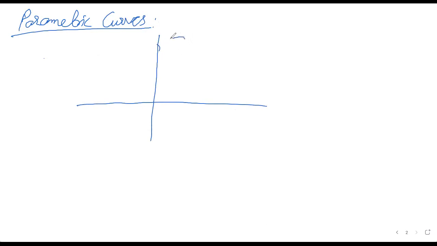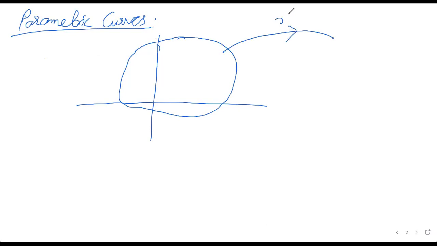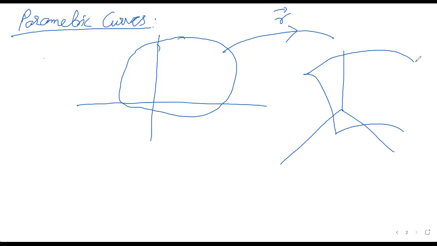You can take any closed area like this. Here you have something and you are mapping it through some function R. If it is going to R3 from R2, it becomes a surface. This was the definition, I matched it. Now you can take a rectangle or any other closed area, circular disc, whatever.